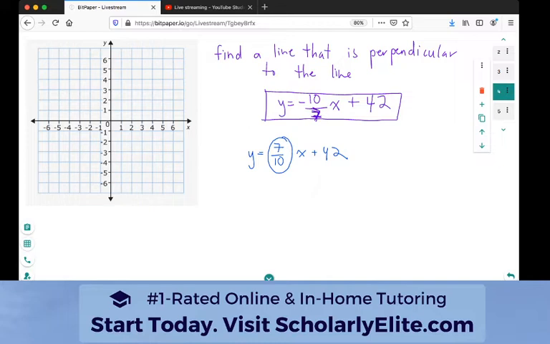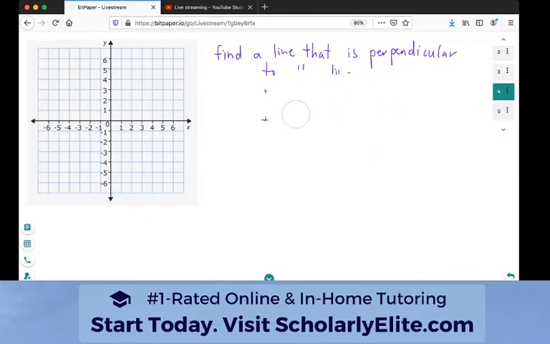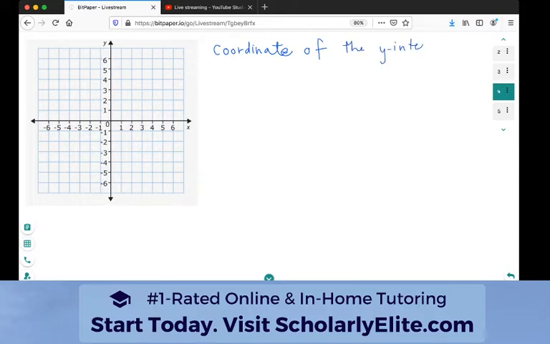Okay, guys? So now that we've got that down pat, what I want us to do, just doing some erasing here, no big deal. Another thing I want us to understand really well is that the coordinate of the y-intercept is a very useful piece of information.